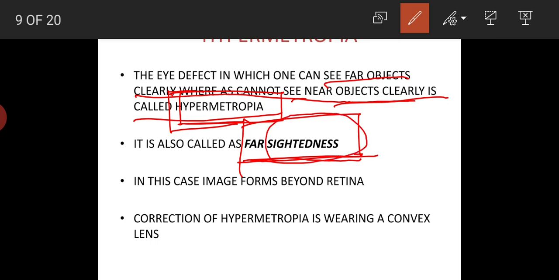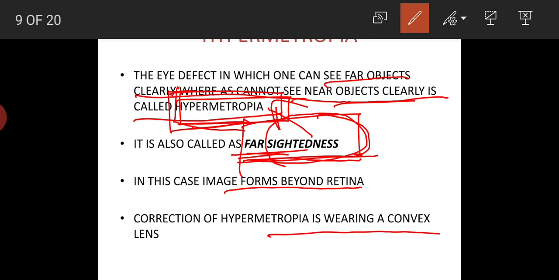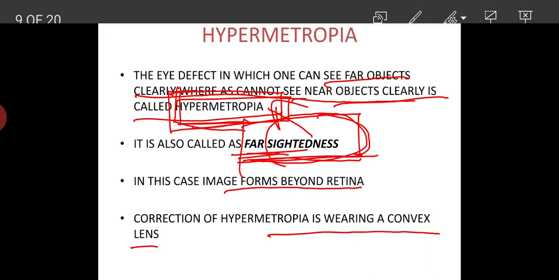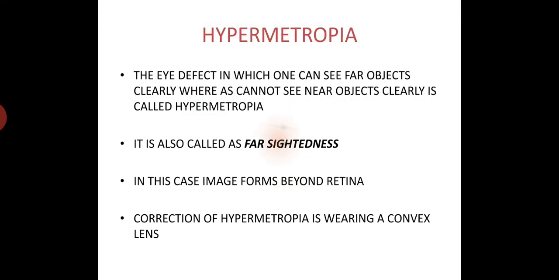Here you need to observe that sightedness means one can see. So far-sightedness means far objects you can see, whereas near objects you cannot see. Remember this from the name. In this case, the image forms beyond the retina, and the correction of hypermetropia is wearing a convex lens, that is a biconvex lens.